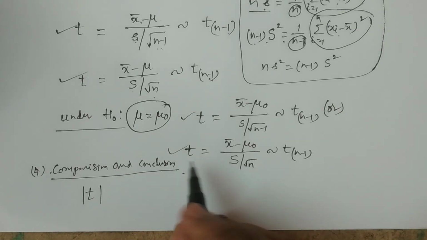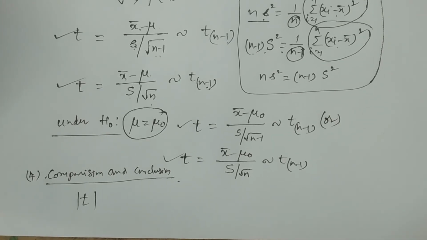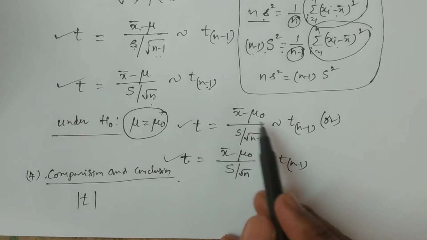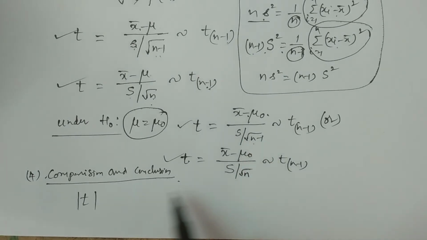Whatever the value of t we have, we calculate the modulus of t, and that is the computed value, x bar minus mu naught by small s by root n minus 1, or x bar minus mu naught by capital S by root n. After calculating the computed value, we have to get the tabulated value at alpha level of significance and n minus 1 degrees of freedom.